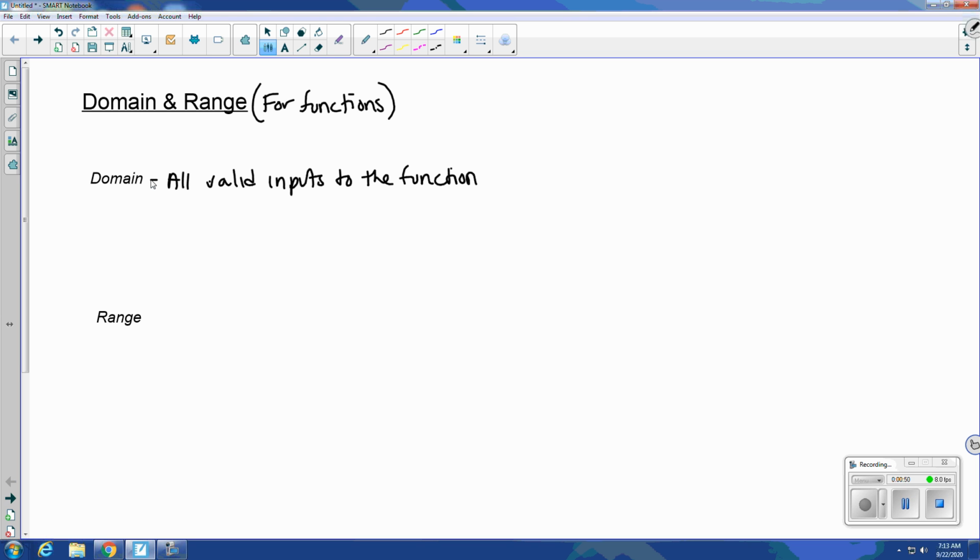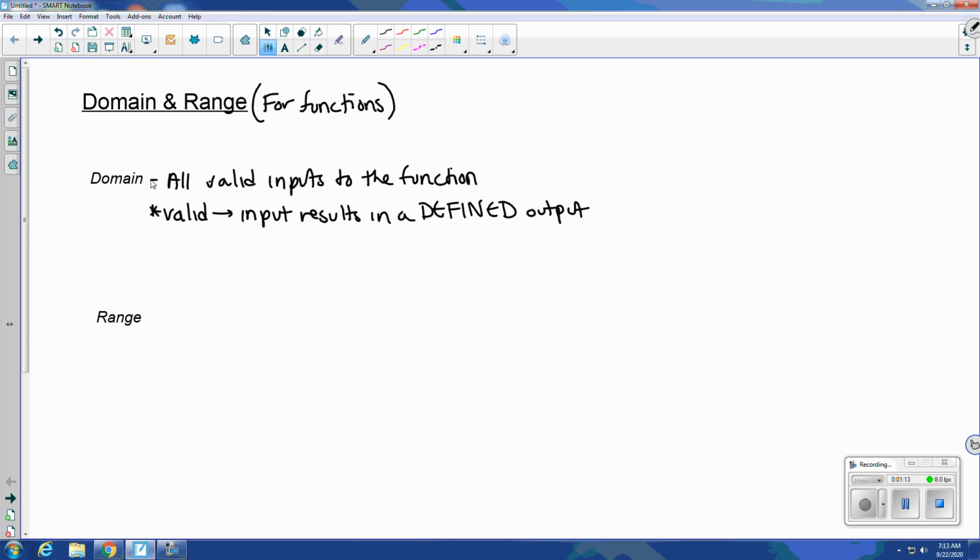Now, let's take a look at this term valid. What is valid? Valid means that the input results in a defined output.